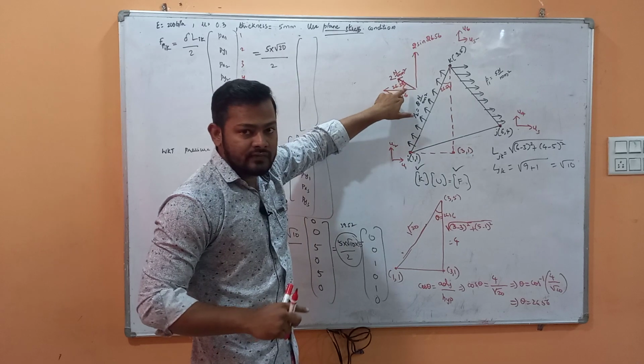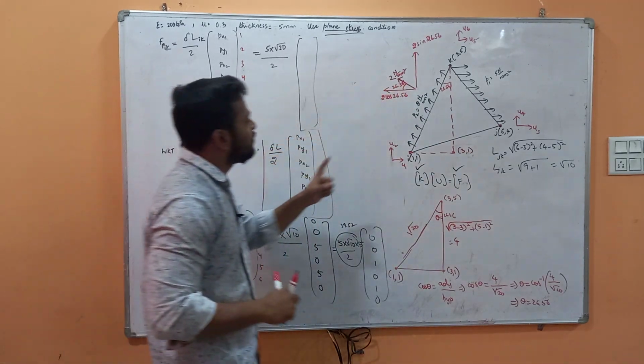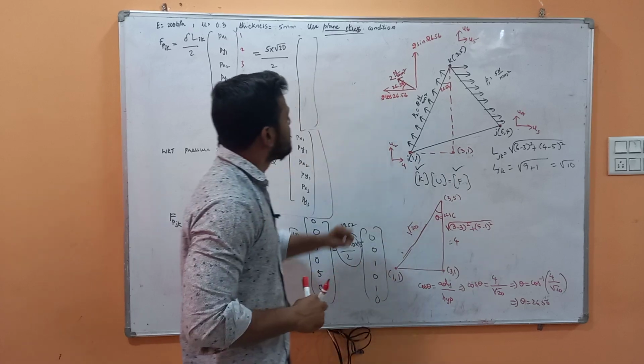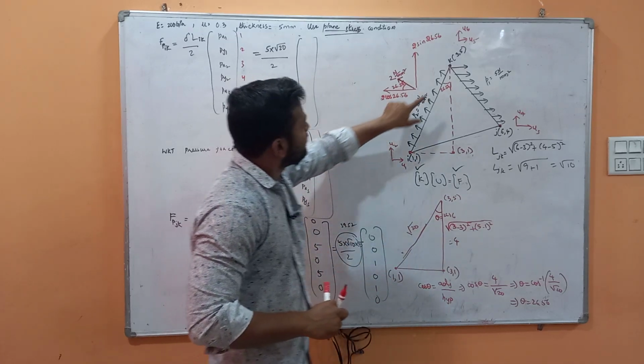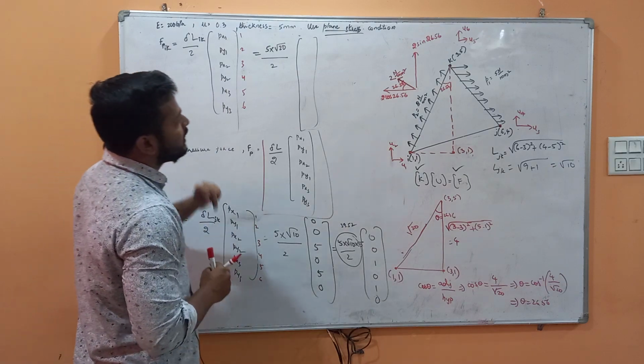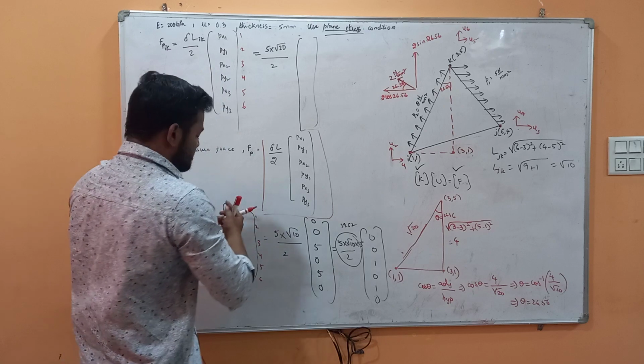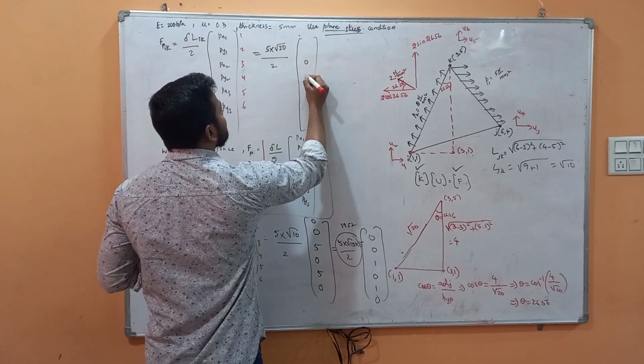Because I have resolved this inclined force, it is going to affect both horizontal and vertical directions. So it is going to affect 1, 2, 5, 6, and 3, 4 will be 0.